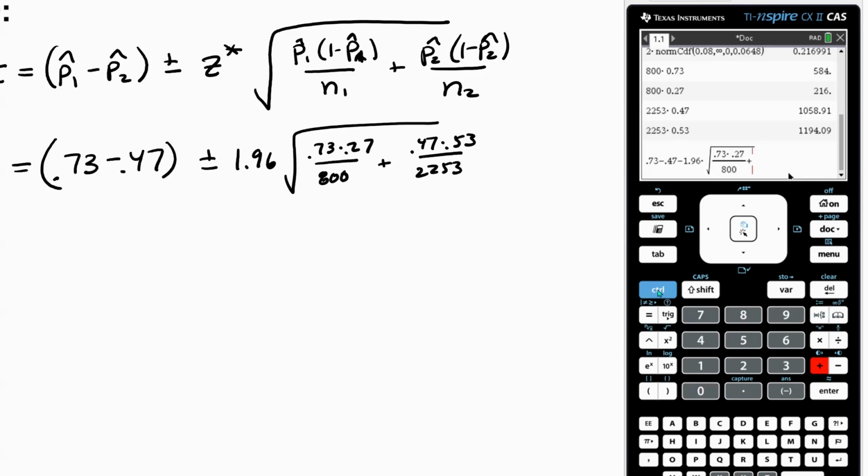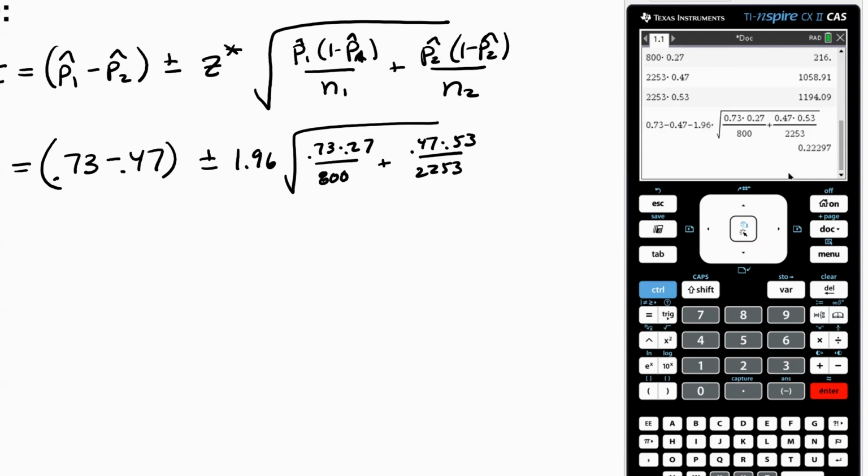And then 0.47 times 0.53 all over 2253. Okay, that looks okay. And we get as our lower bound 0.22 and it rounds to 30.